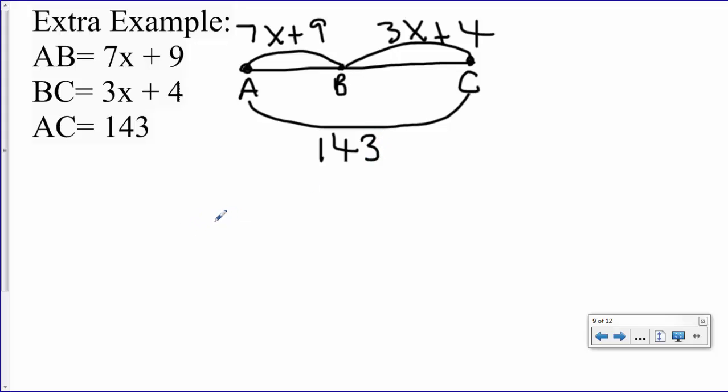Set up our equation. 7x plus 9, that's the first piece, added to the second piece, plus 3x plus 4, equals the total length of the segment, 143.